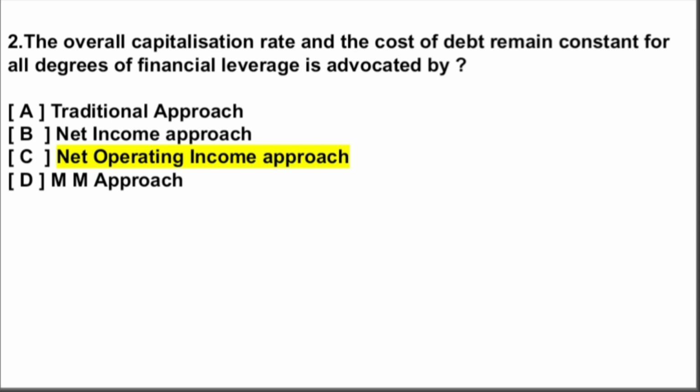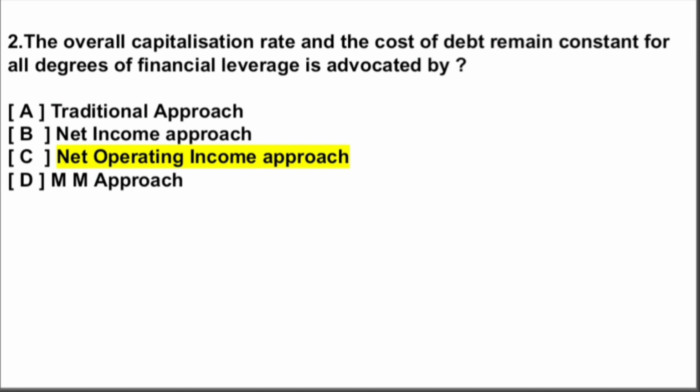According to the NOI approach, actually this approach was propounded by David Durand. And it is an irrelevance concept, because in this approach he says that capital structure decisions are irrelevant while determining the value of the firm, because the increase in the use of debt would increase the financial risk of the shareholders, and at the same time they are expecting a higher return for their shares.